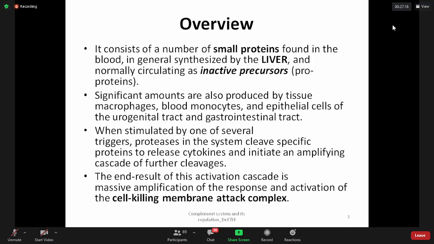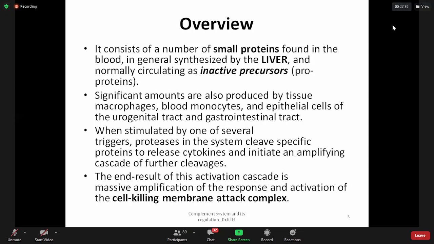But usually, the end product of this activation is amplification of the response and production of something called a membrane attack complex, which kills the target. This target might be a fungus, it might be a microbacterium, it might be a bacteria, it might be anything.